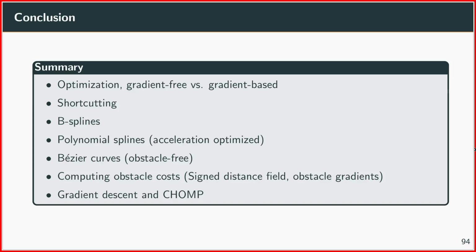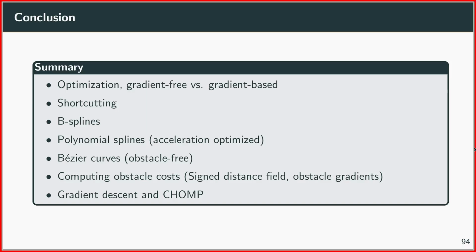And then I went a little bit deeper into splines, B-splines, polynomial splines, especially for optimizing energy or acceleration. I talked about Bezier curves to optimize smoothness, even with obstacles, so that we can basically be sure that we stay in a safe region.